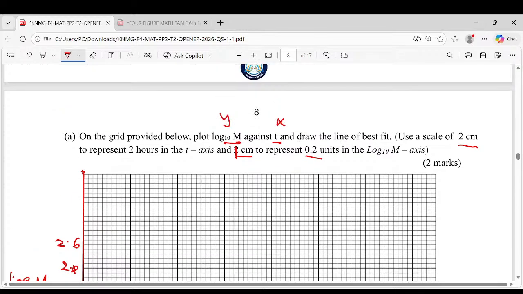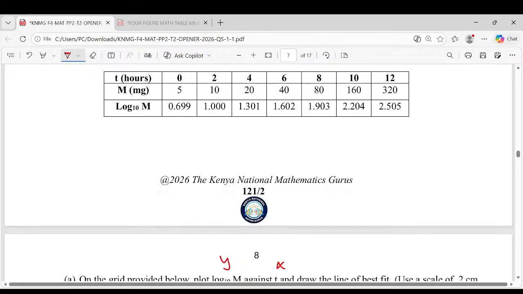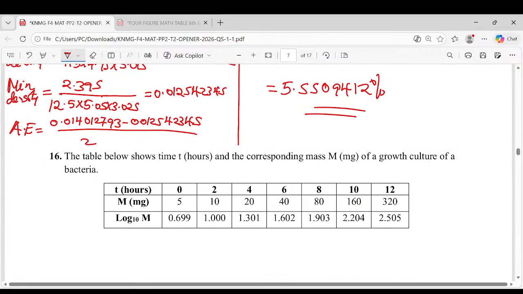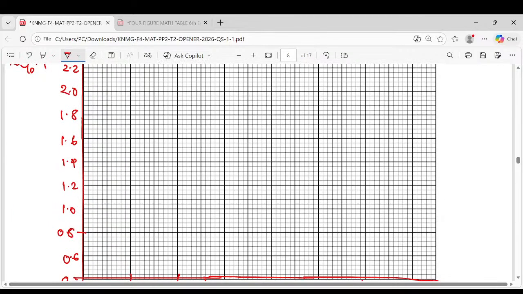Does it exceed 2.6? Let me see again. Now that one caters for all the points. So at 0, we have 0.7.